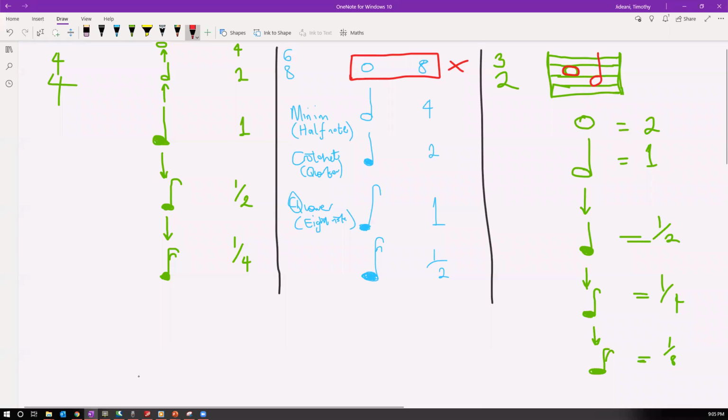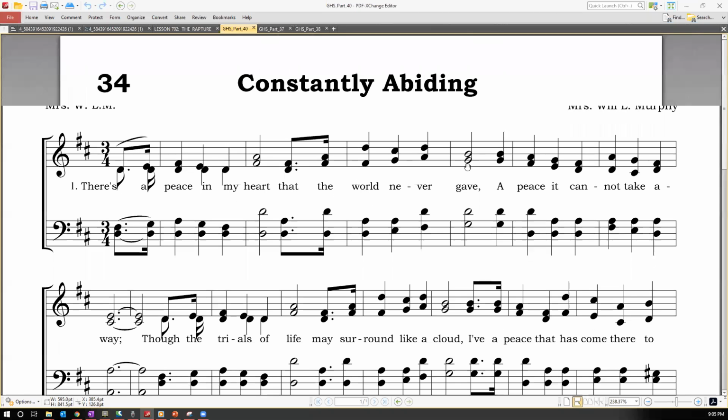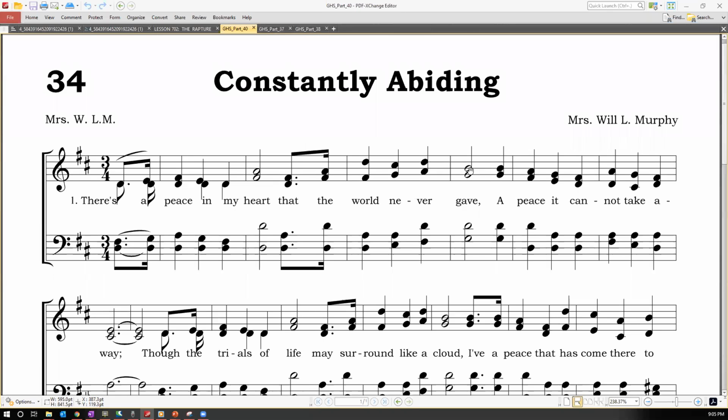Okay, so if we were to have, say, look at that, for example, I think we have done it, and it's also good to at least refresh our memory. So there, we have a 3-4, and here we have, so that's 1 beat there, because it's 3-4, that's a crotchet, 1 beat, and we know that that's going to be 2 beats.